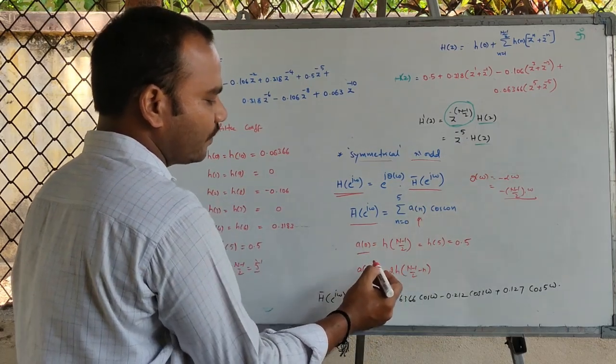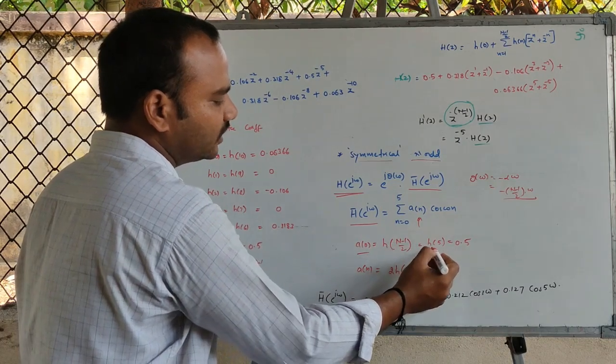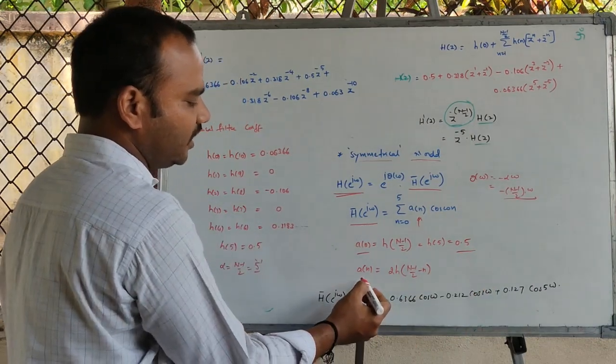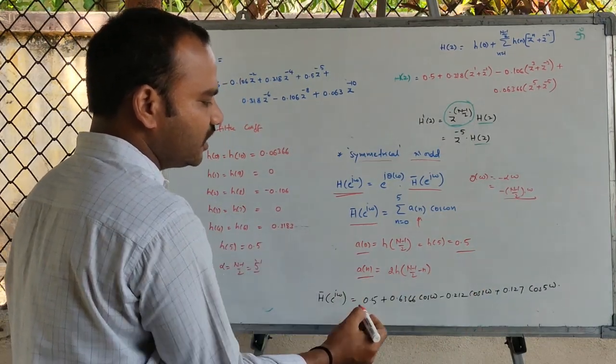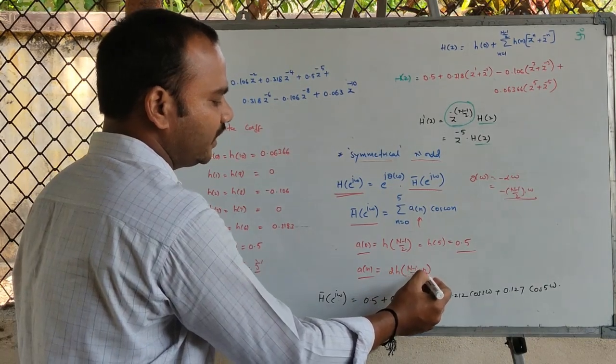A of 0 is equal to h of capital N minus 1 by 2, that is equal to h of 5 is equal to 0.5. Similarly, we can find the coefficients a of n, that is twice h of capital N minus 1 by 2 minus n.